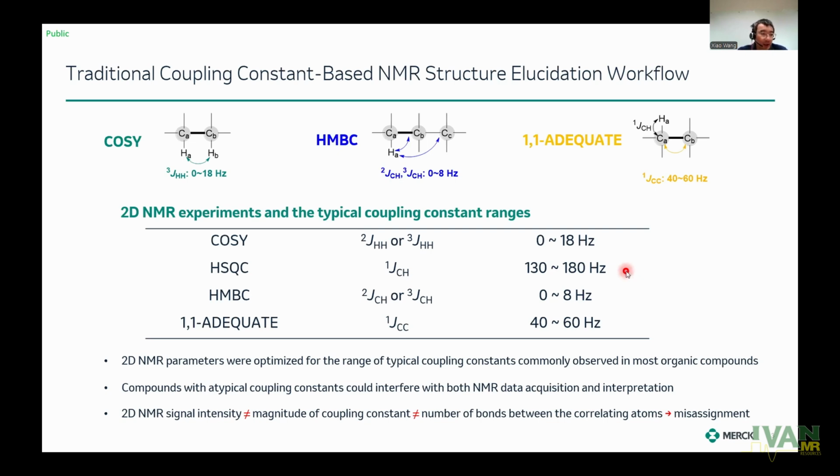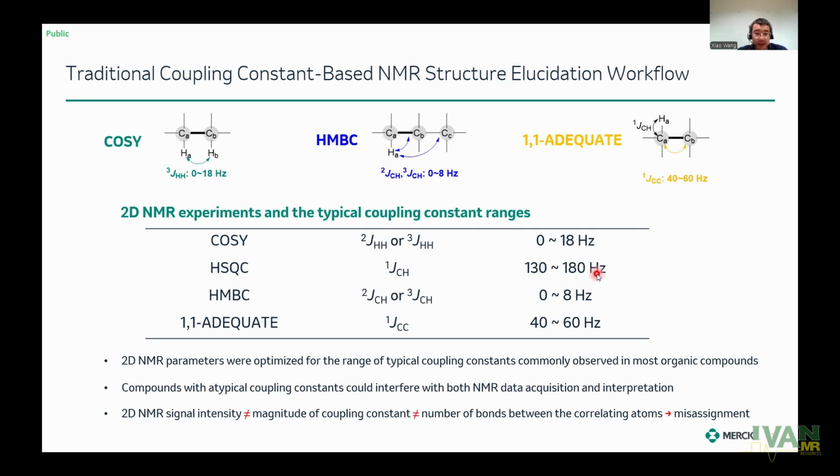For example, if in a COSY we see a strong correlation, that means it's either a two-bond geminal proton-proton coupling or an adjacent three-bond proton-proton coupling. Longer range proton-proton couplings, like 4-bond, 5-bond couplings, are usually less than 2 Hertz and very weak on COSY, or most of the time unobservable.